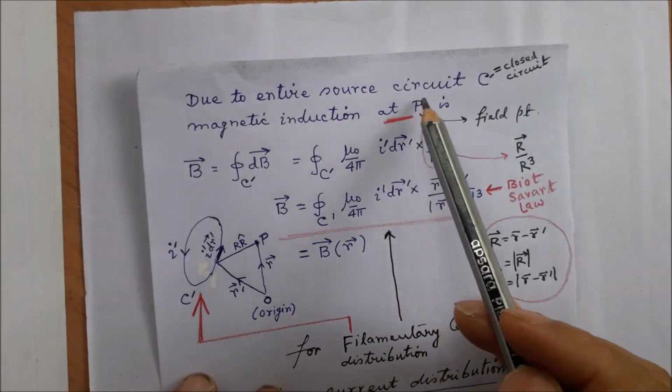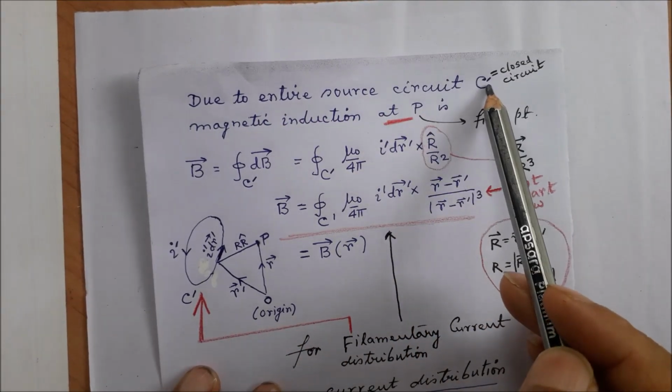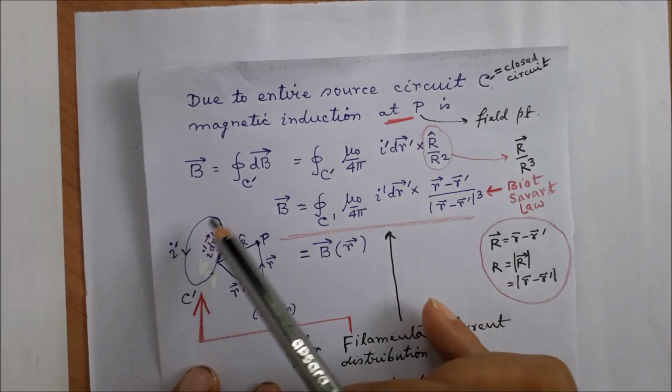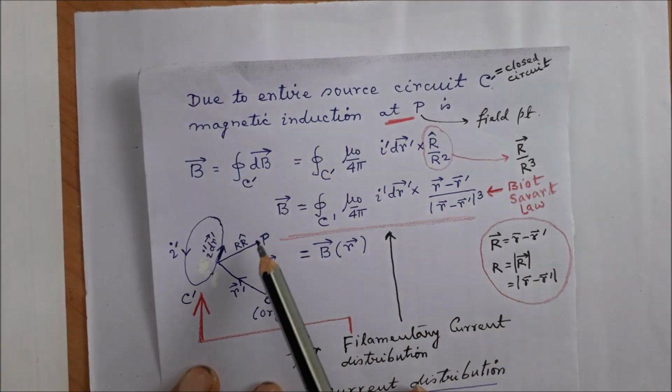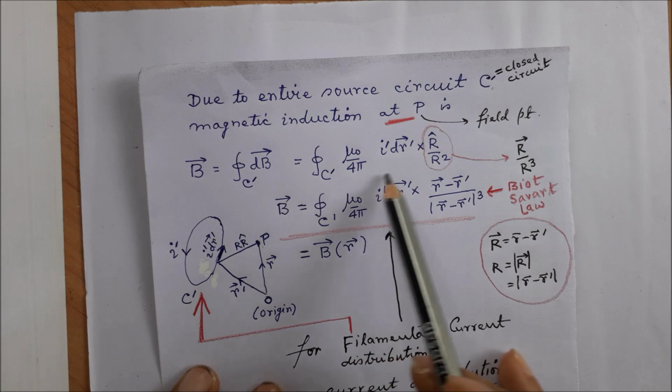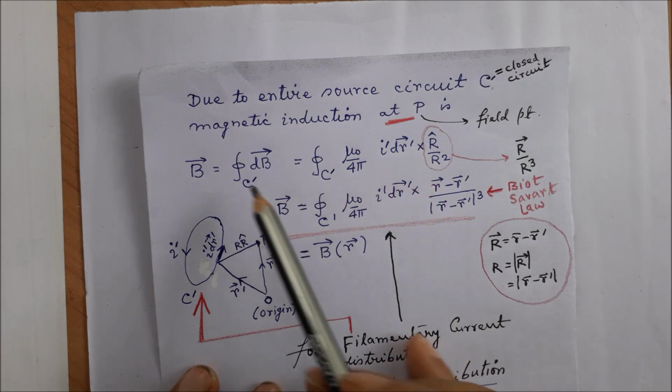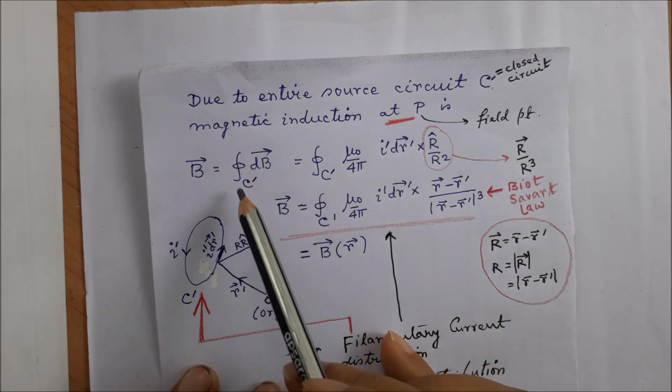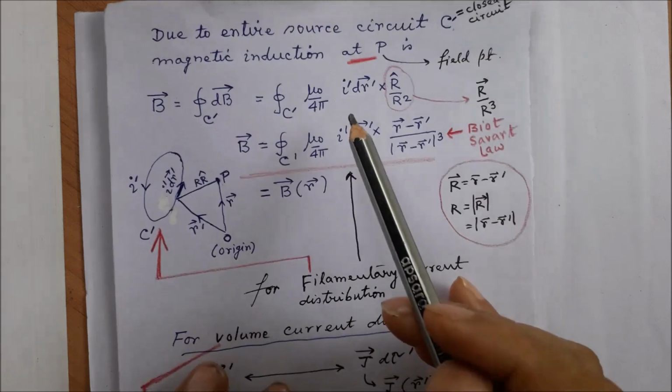So due to the entire source circuit C prime, which in this case is a closed circuit, the magnetic induction at P is given by this expression. Here we have used the closed integral.